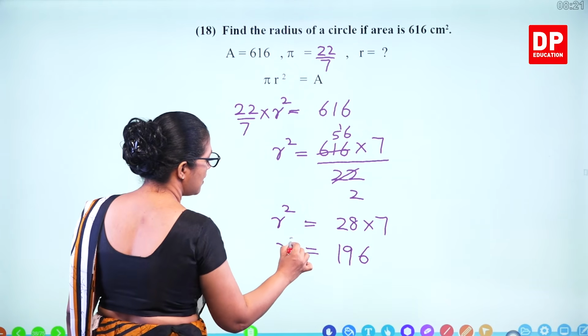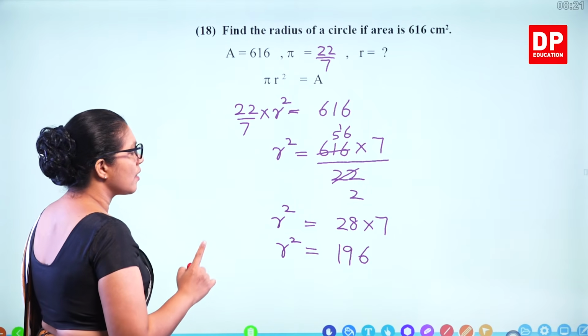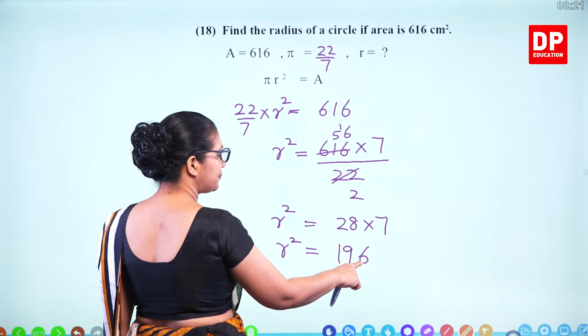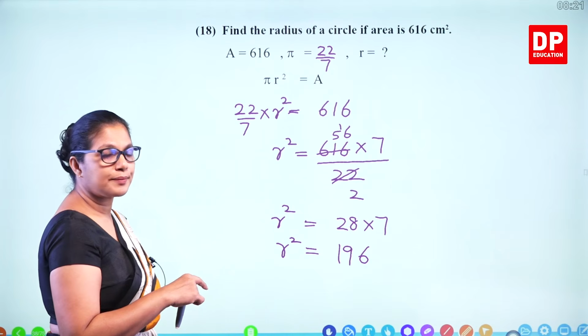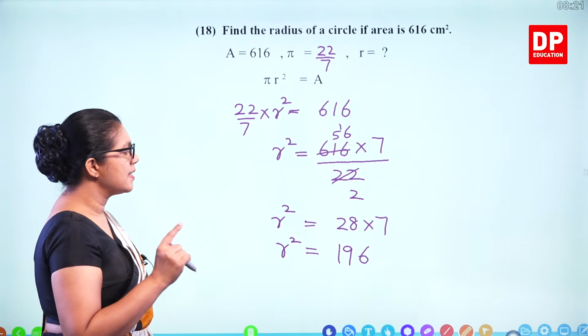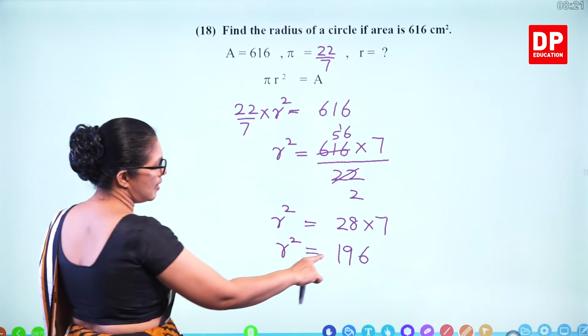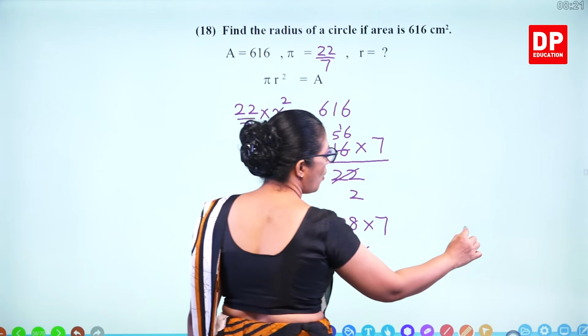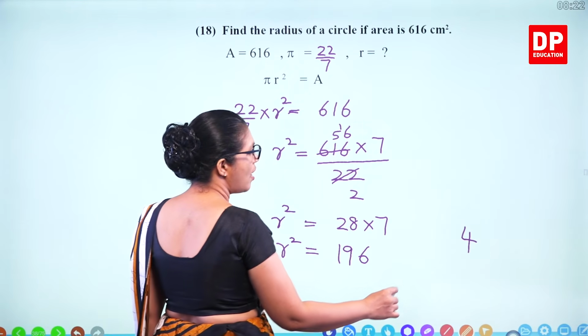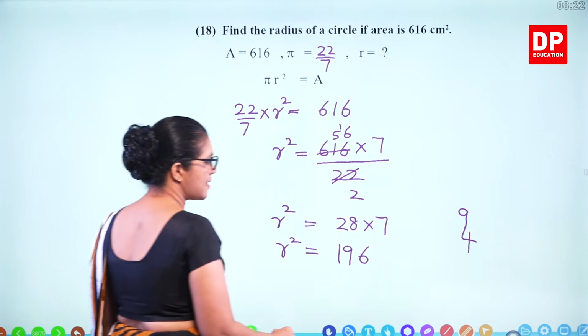So what's the r value? So you need to get last digit 6. How do you get 6? 4 times 4, 16, or 6 times 6, 36.